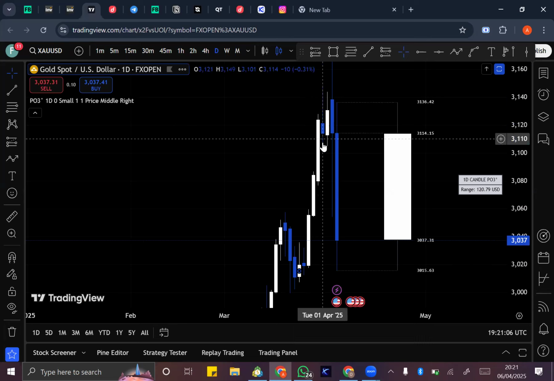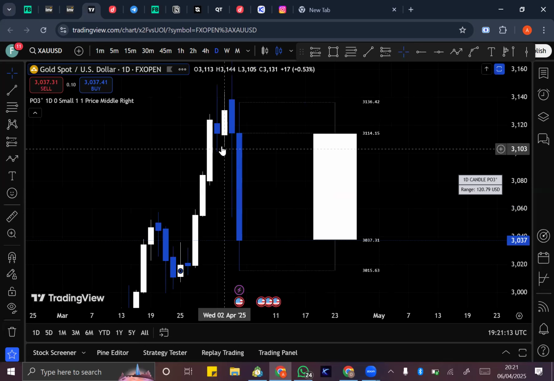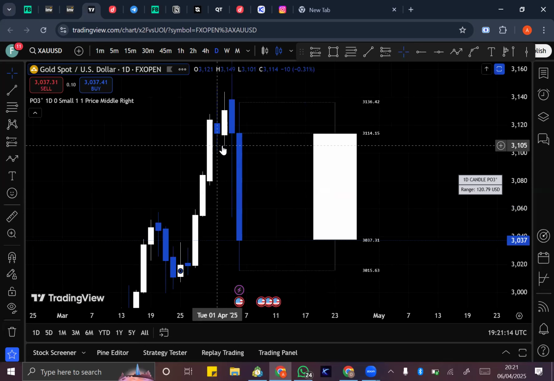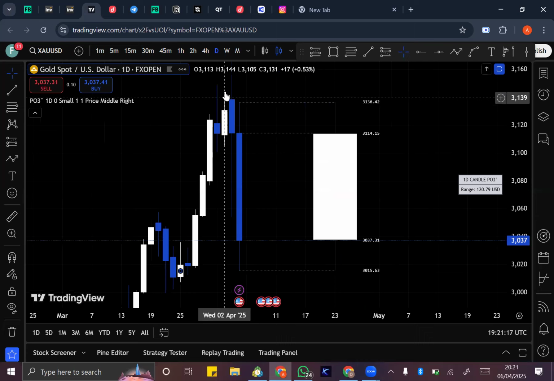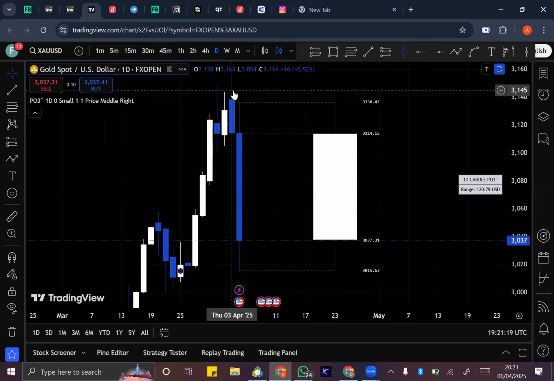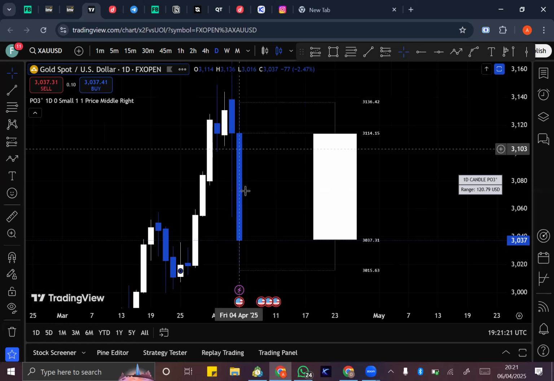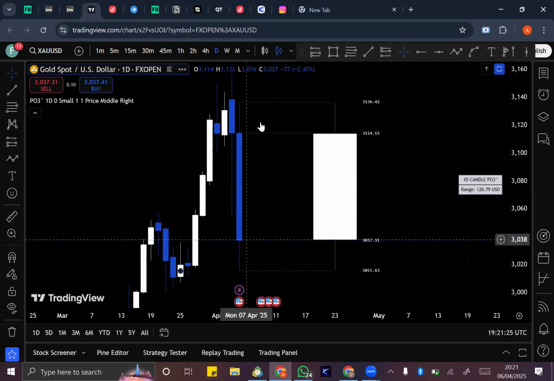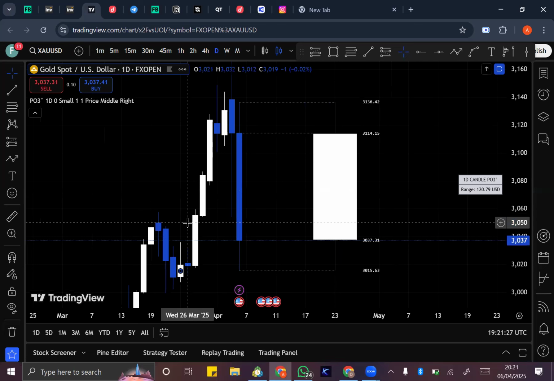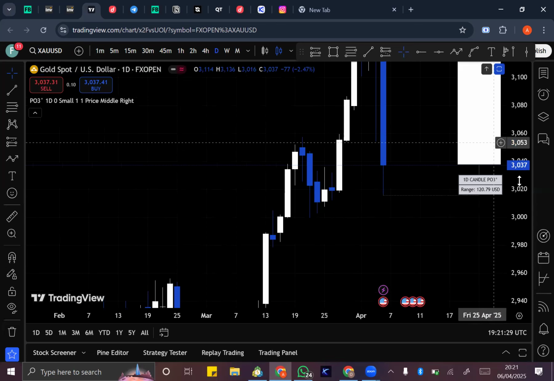On Tuesday was a little bearish, but then again the market didn't take out those bearish candles and it pushed all the way up. The next day, which is Thursday, was bearish. So on Friday, you should be expecting bearish too. That was what happened here. You are going to be seeing this every single day.